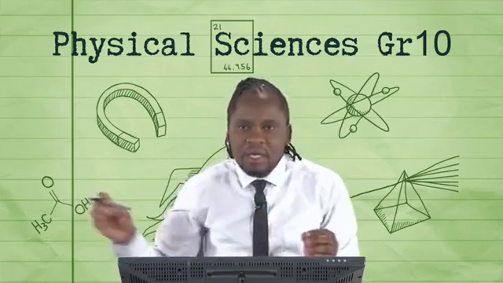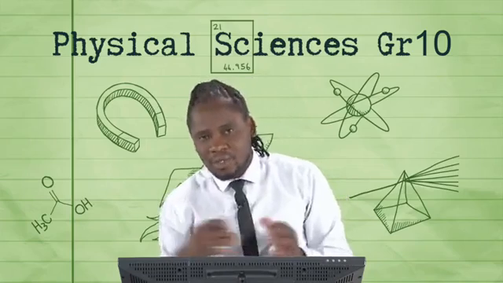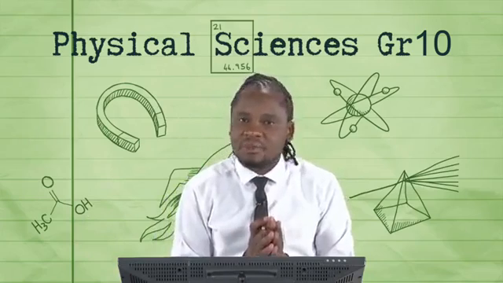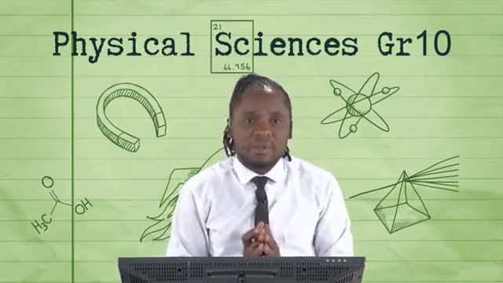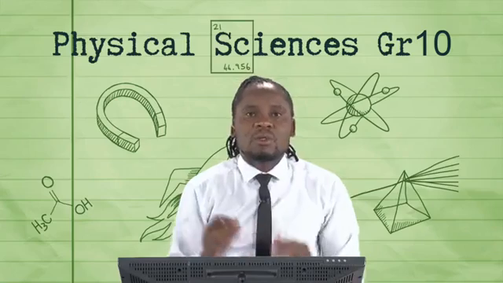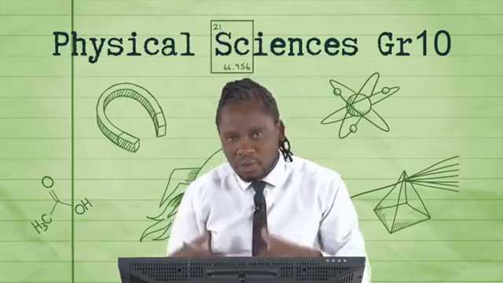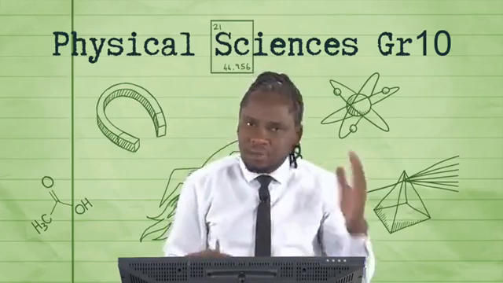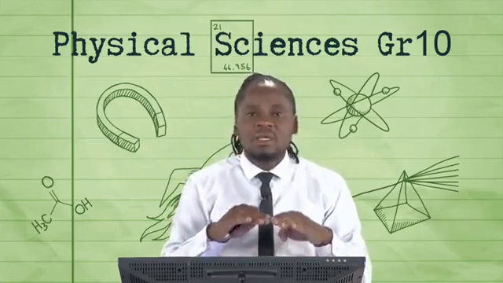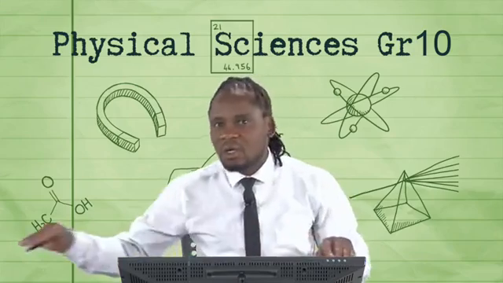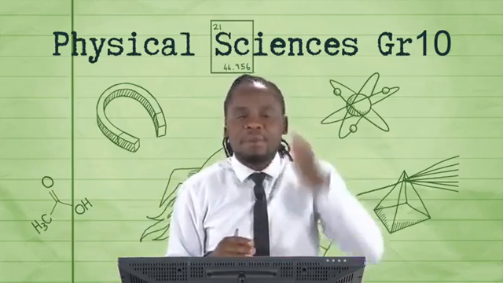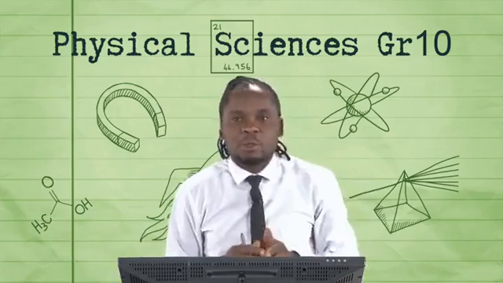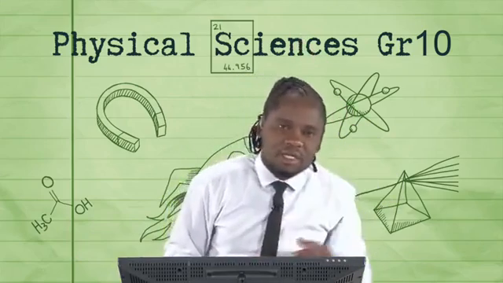However, we do the entire experiment until the substance is in a gaseous phase and the temperature is no longer increasing, then we can stop there and also get our data to use to plot the graph. Remember, a graph must have the heading, the labels must be correct. You know that the independent variable is always on the horizontal axis, whereas the dependent or the response variable is always on the vertical axis.